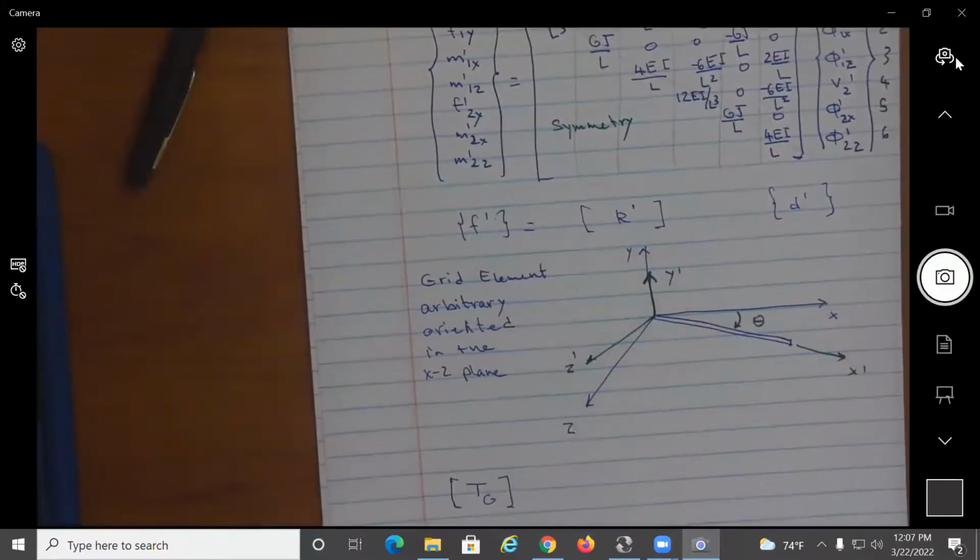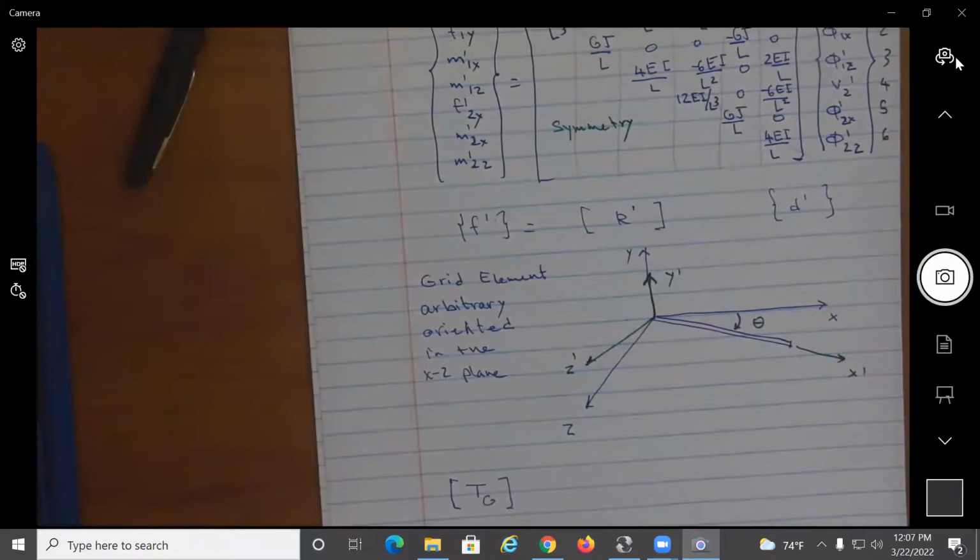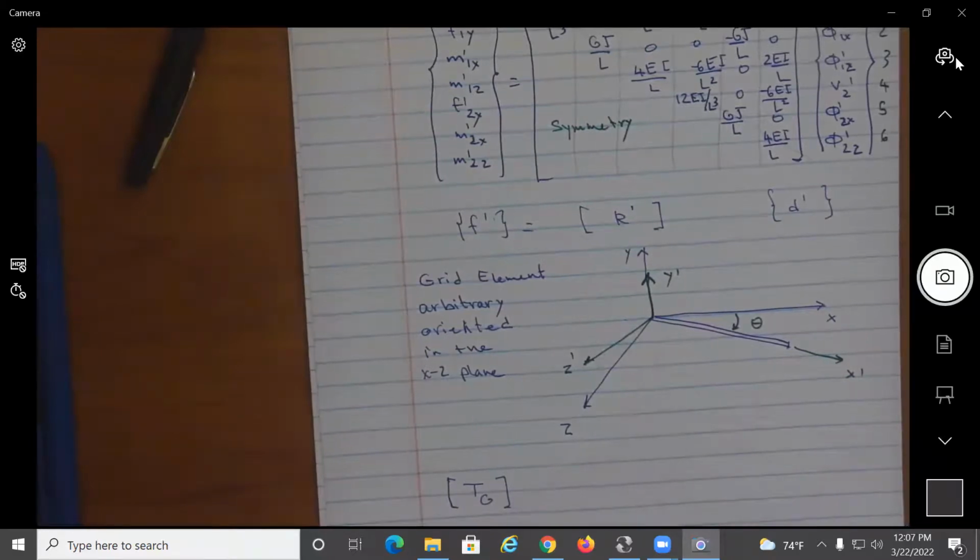And we are using 6 degrees of freedom, V and phi and phi, right? If I'm trying to express a vector, what would my transformation equation here look like?